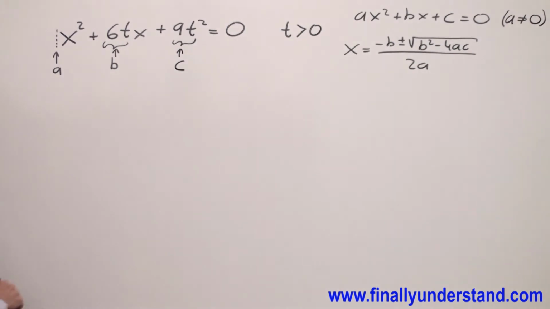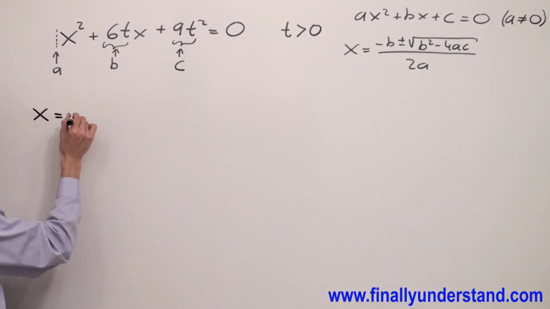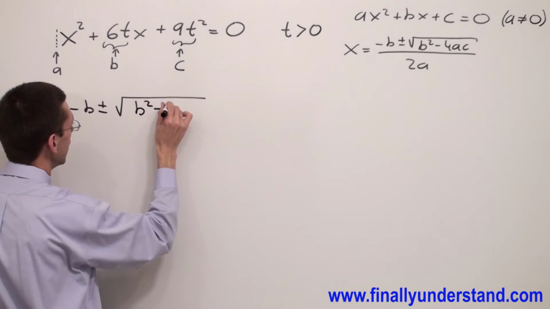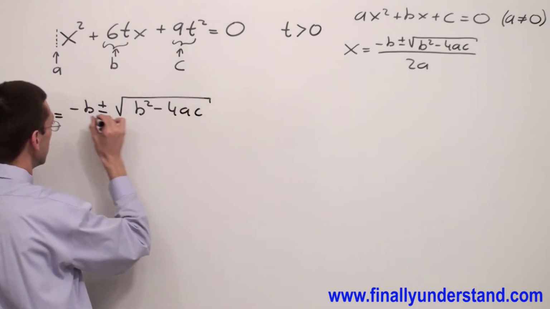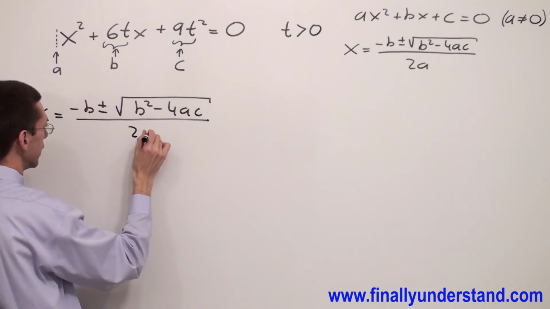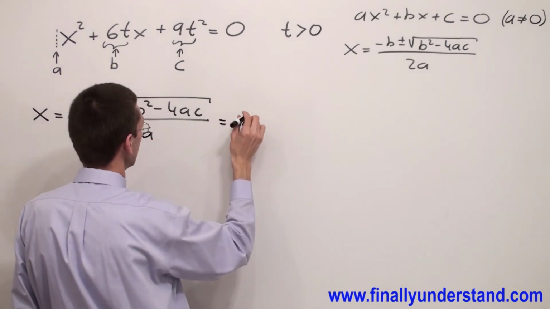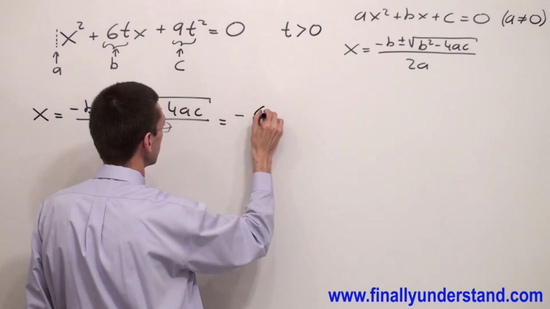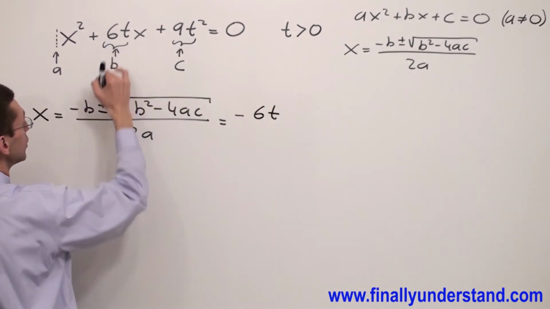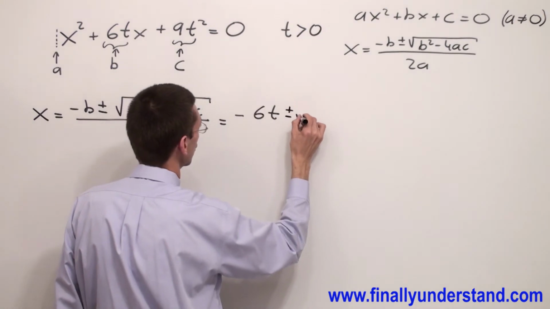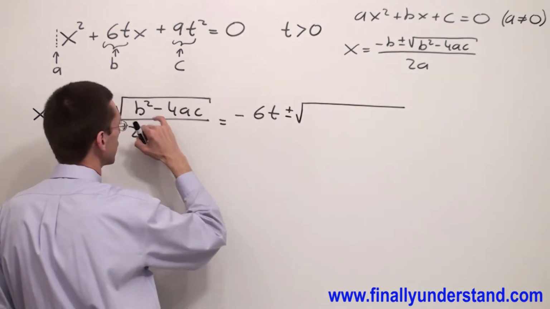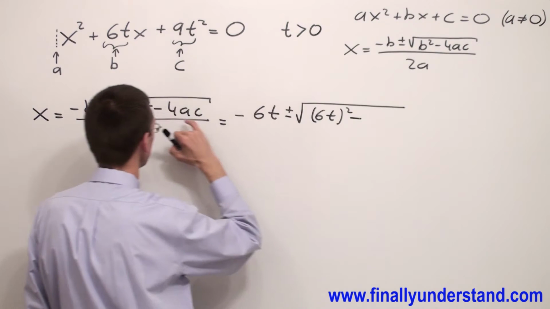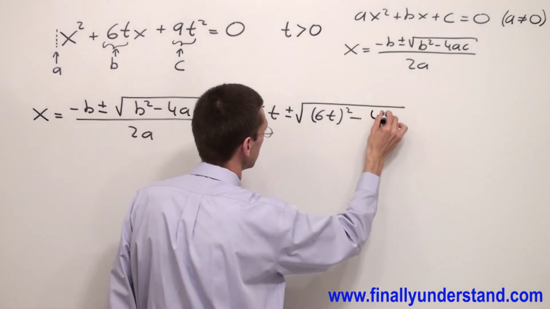Next, I'm supposed to write the quadratic formula. X is equal to minus b plus or minus the square root of b squared minus 4ac over 2a, which is equal to negative, I'm supposed to copy down this negative sign, b is equal to 6t, b is 6t, plus or minus square root, and I have b squared, so this is my 6t to the second power, minus 4 times a times c.